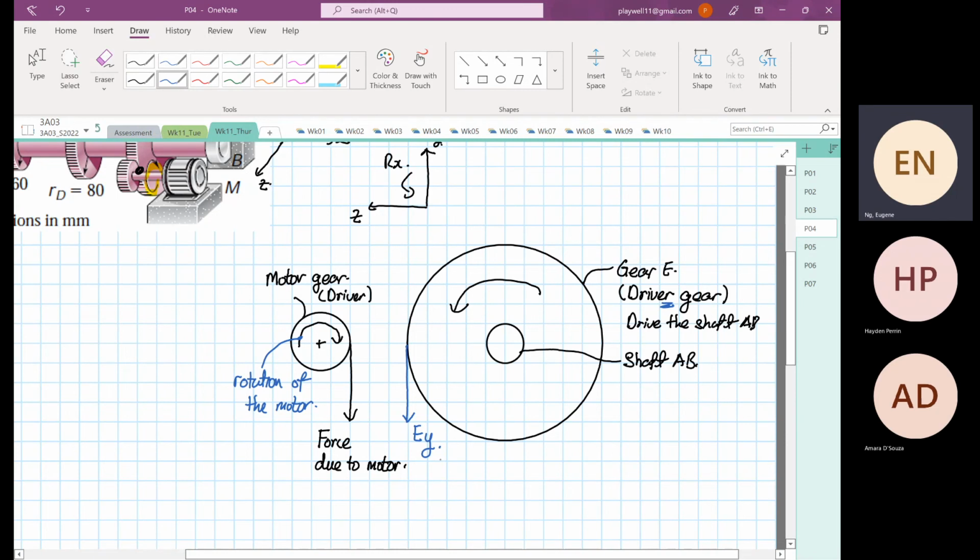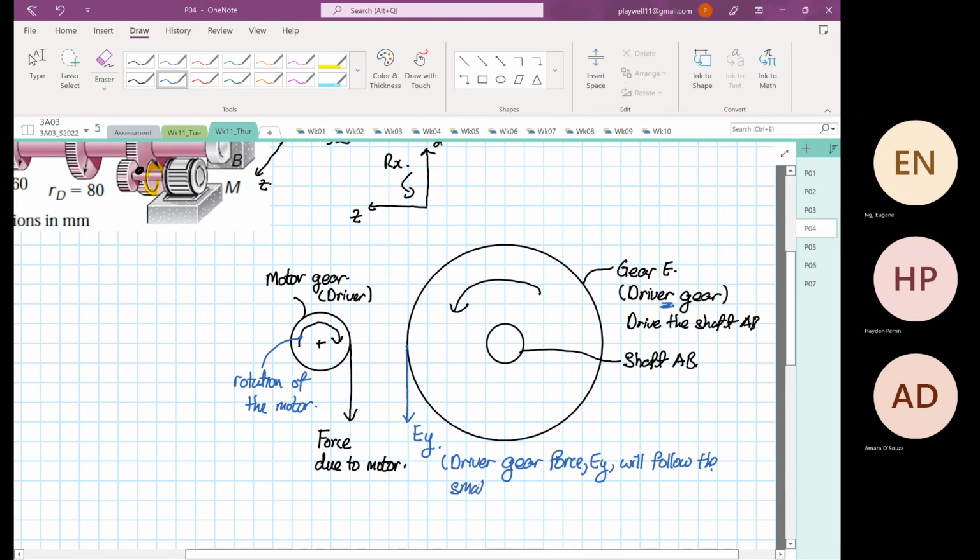Okay, so the driver gear force EY will follow the same direction as the motor gear, as you can see down here.